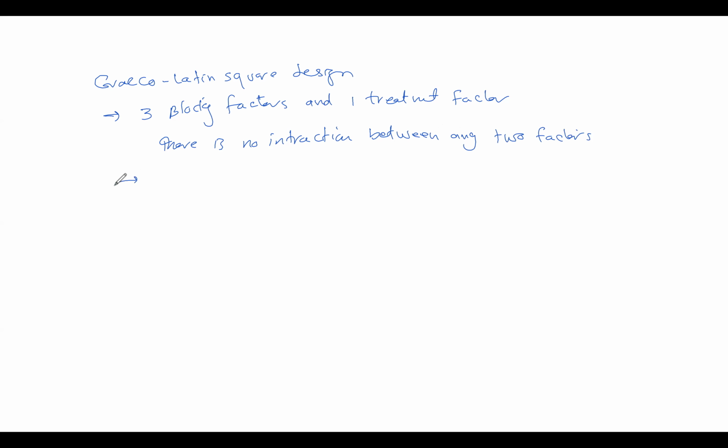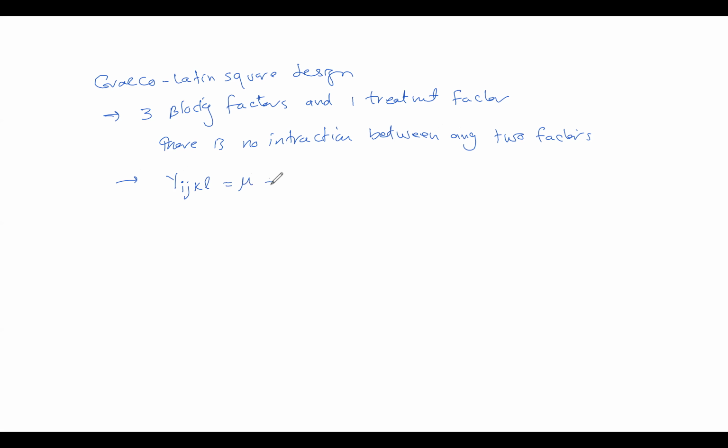And the statistical model is: I for the first blocking factor, J for the second blocking factor, K for the treatment, and then L for the last blocking factor, or any notation like I, J, K, L. So you have four effects for the four factors.